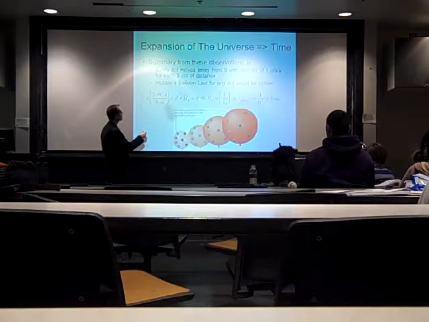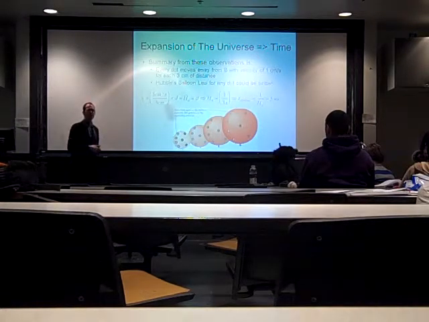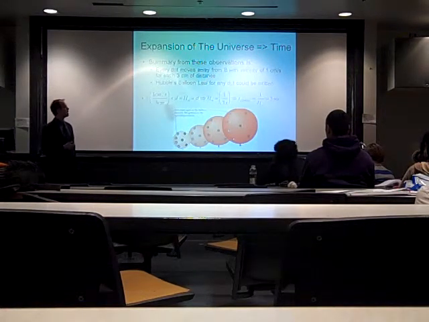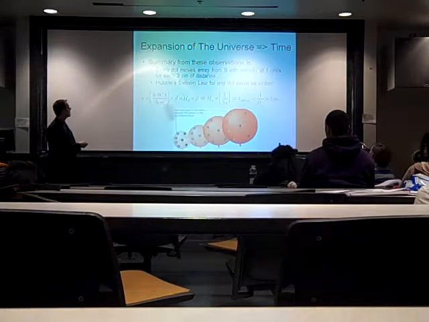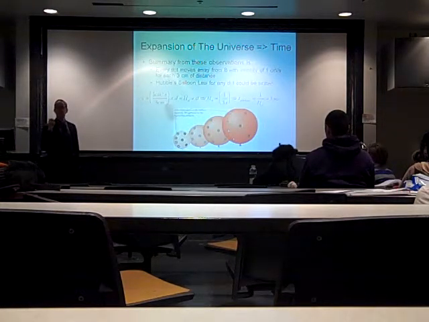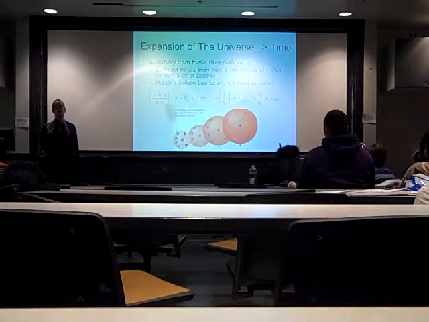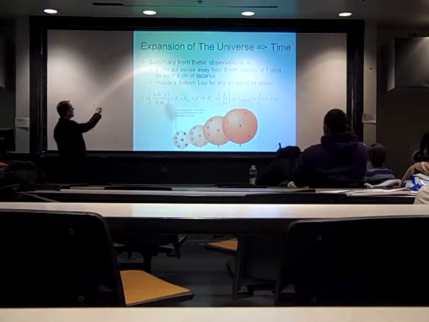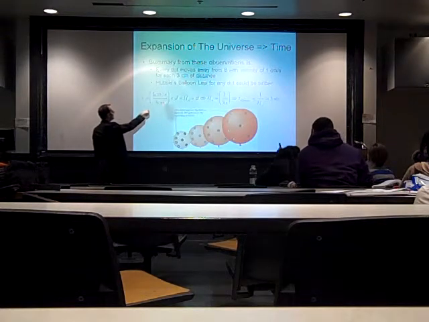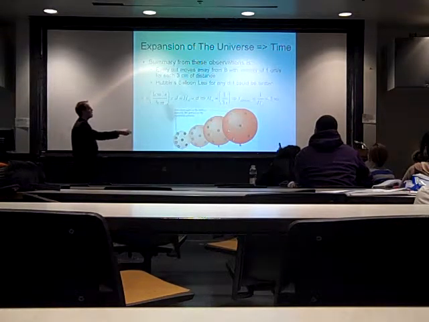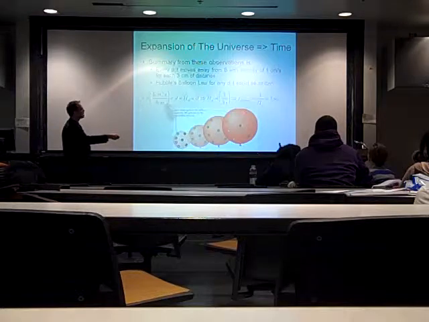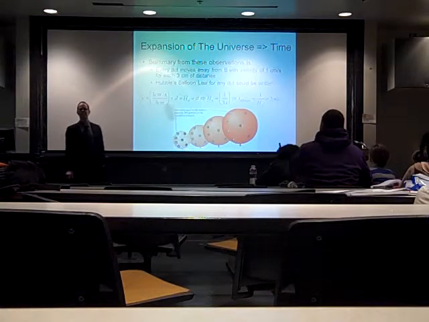Okay? But one nice thing I can do is I can invert the Hubble equation. I can cancel out the centimeters, and I can find out how old this expansion is, how long it's been going on. So if I just cancel out these units and I invert this, I find out that the lifetime of my little balloon universe is 3 seconds.